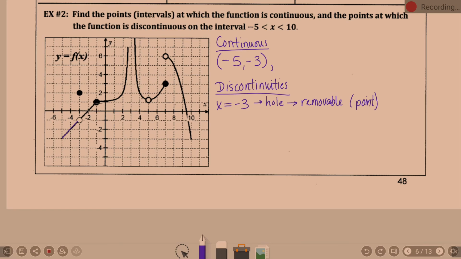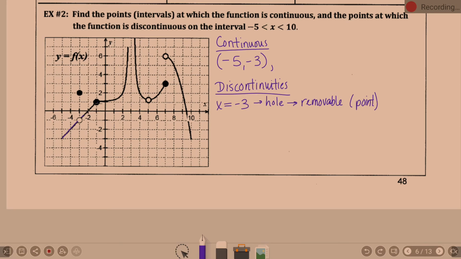-3 to 3. Agree? Is it okay that it kept going through -1? It's included, yes? It's not a hole or anything, so okay, it turned, but that's all right, it's still continuous.